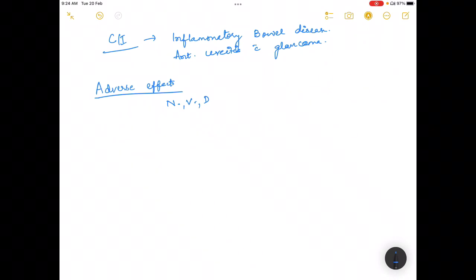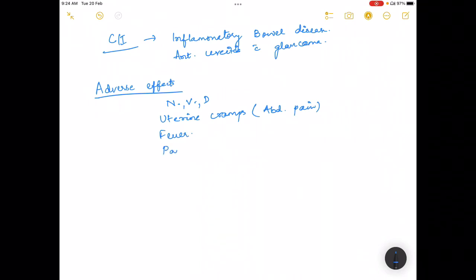Then there are uterine cramps because of uterine contractions, so there will be manifestation as abdominal pain. Then there can be fever, there can be pain. On injection, there can be pain also. Then there can be headache. Flushing can be there because of vasodilatation.